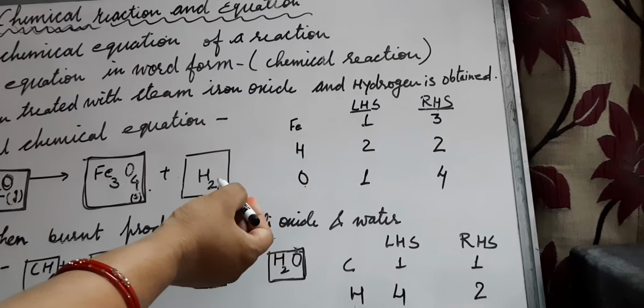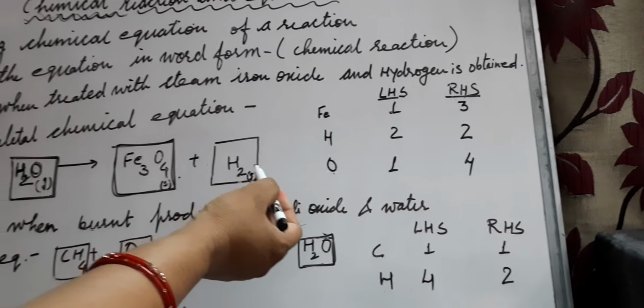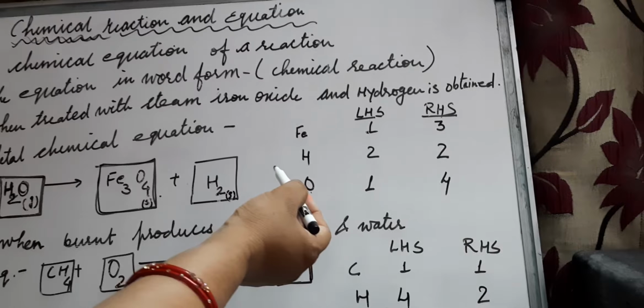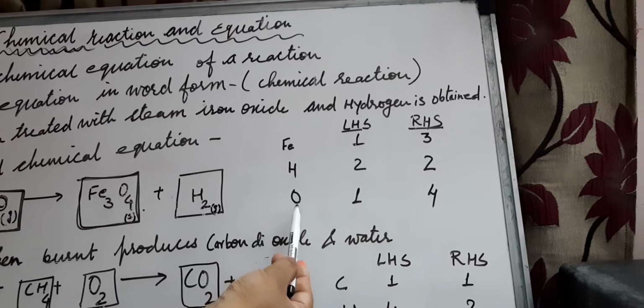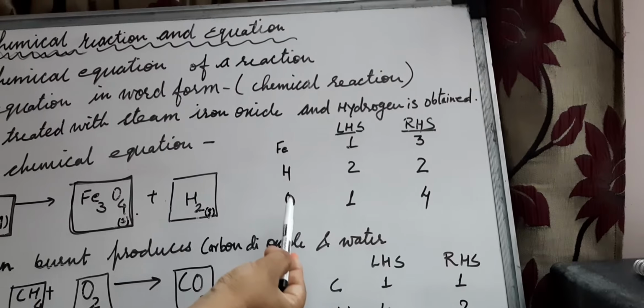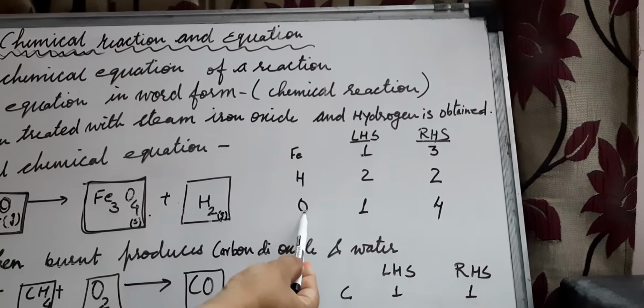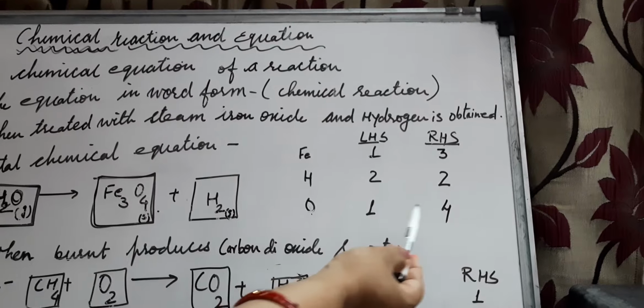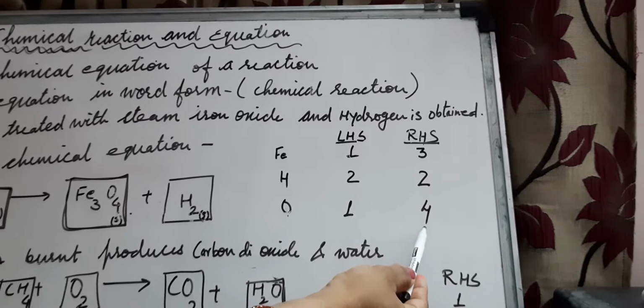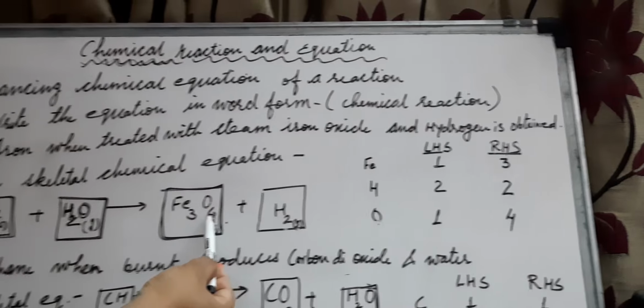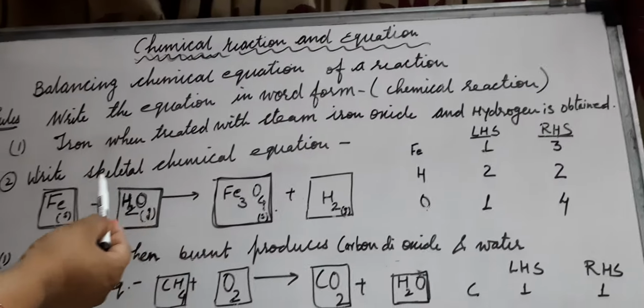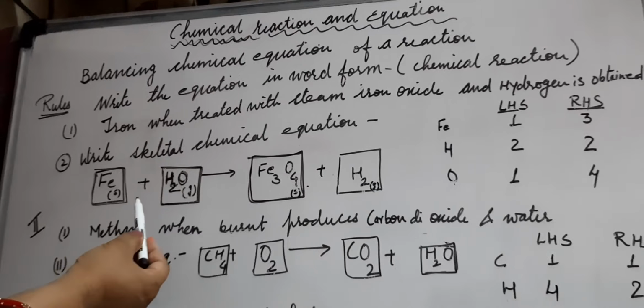Now we will start balancing it. We have to start balancing with the element which is maximum in number. Here we observe that oxygen is maximum on the right-hand side, that is 4, so we make it 4 on the LHS also. How?